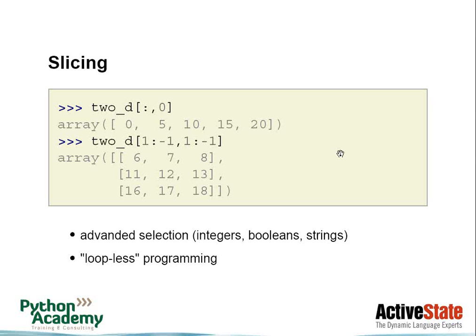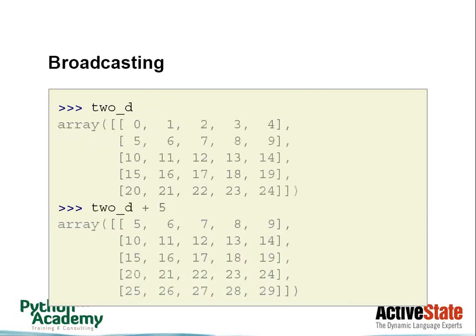Also, if you don't write loops, it has the potential to be parallelized, because you don't have any dependencies between loop steps. Usually you want to avoid loops if possible, because loops are more difficult to parallelize than loopless programming. Okay, that's slicing. Next slide, please.